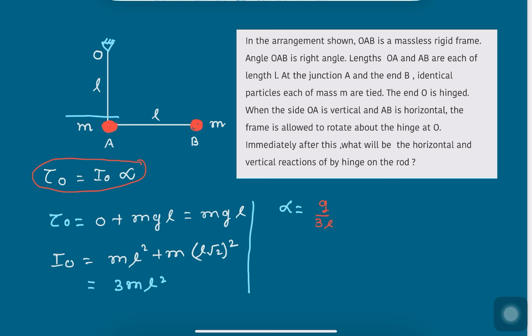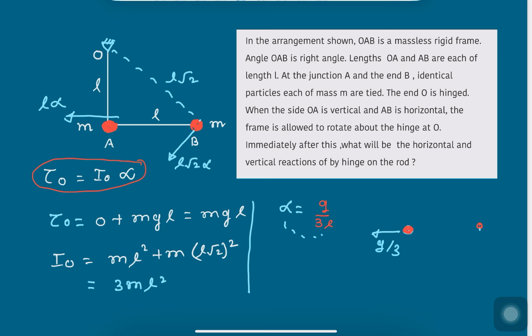So this will have acceleration in this direction, that is r alpha, that is L alpha. And this particle B will have acceleration r alpha. So r is here L root 2, right? L root 2 into alpha. So I am drawing here particle A and particle B. Particle A will have acceleration like this, L alpha, and this L alpha will come out to be, from here we can say L alpha will be g by 3.